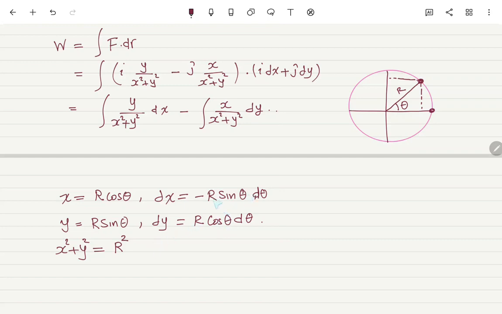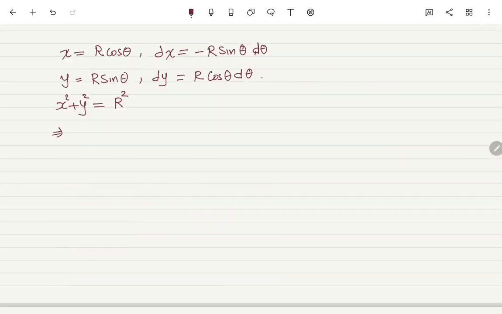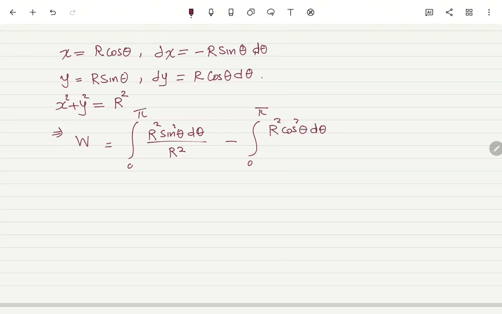You substitute all these things in this integral right here, you will get work equal to integration from 0 to pi of r square sine square theta d theta divided by r square, minus integration from 0 to pi of r square cosine square theta d theta divided by r square.